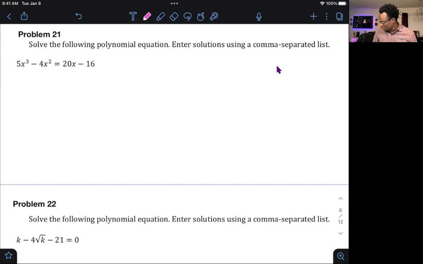So we would find all the terms on one side. So that's 5x, let's find everything on the same side. So we would subtract 20x and add 16 on both sides.